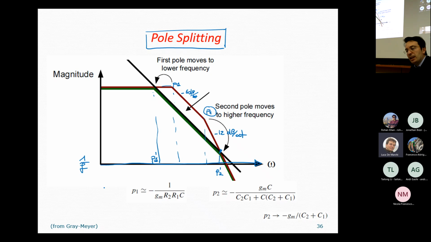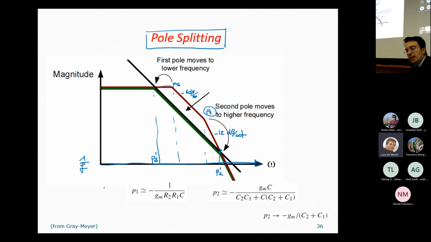In this case, the situation is somehow different because the load is not placed at this point, but is placed here. Okay, so we have to analyze what happens to the current which either charges or discharges this loading capacitor.